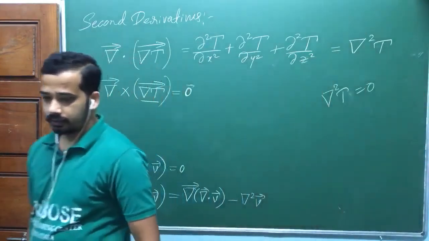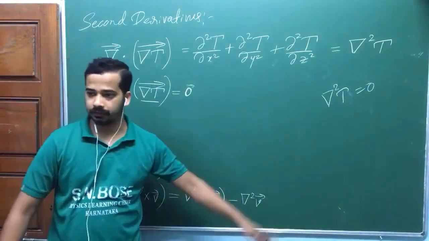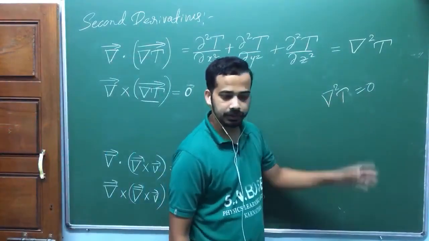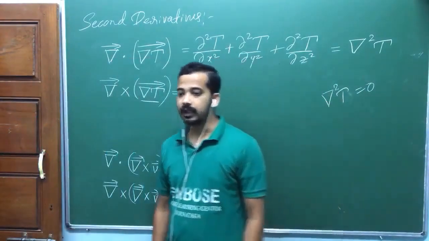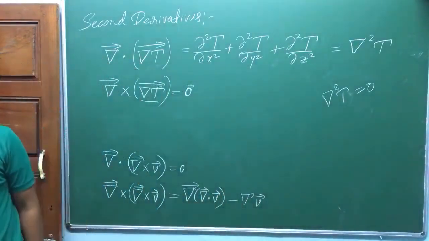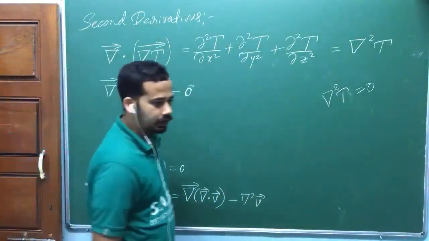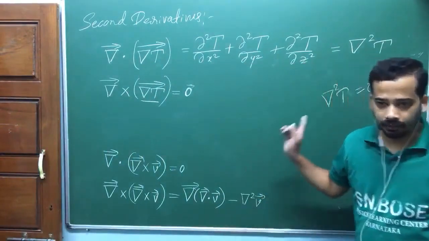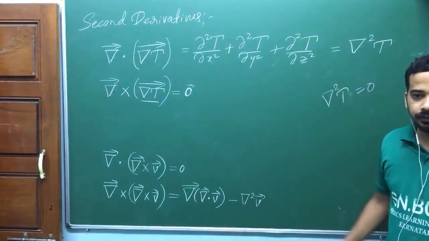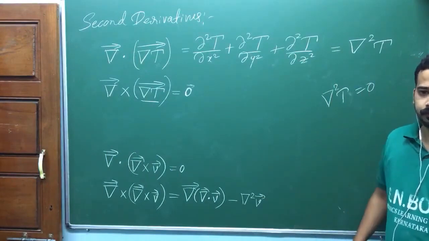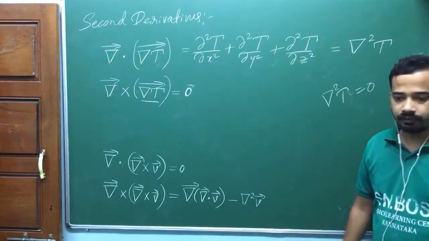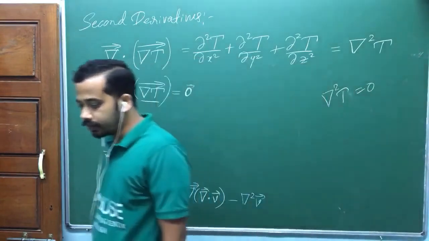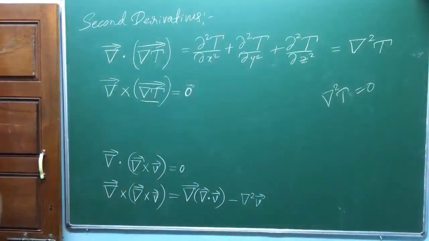We need to solve this kind of equation, not with temperature or something, but with our electrostatic potential. Electrostatic potential in a region where there are no charges will follow the Laplace equation. With some boundary condition, we need to solve it. That's why the potential formalism in electrostatics is very rich in mathematics.